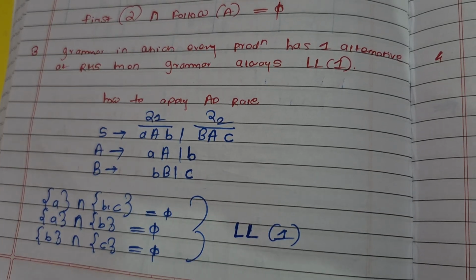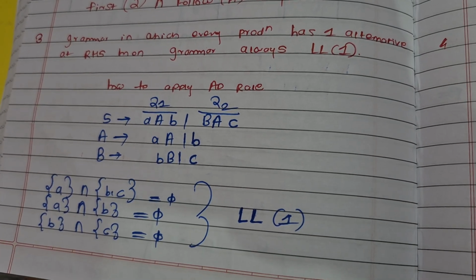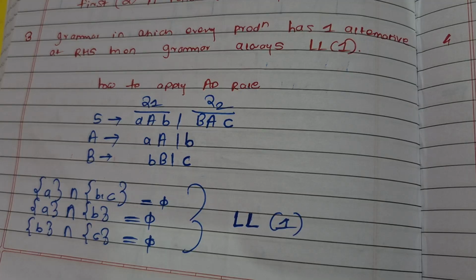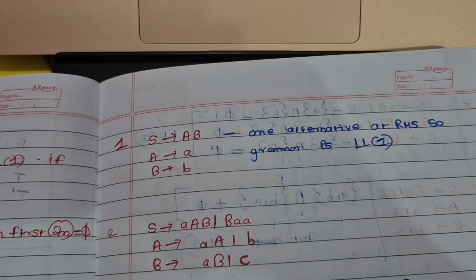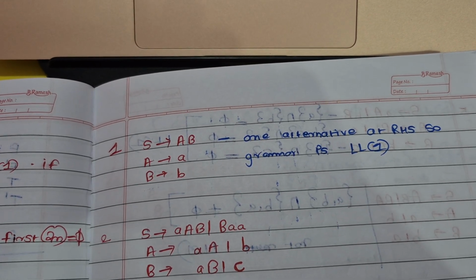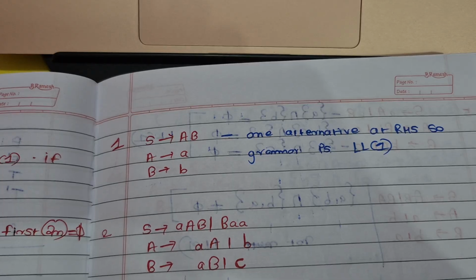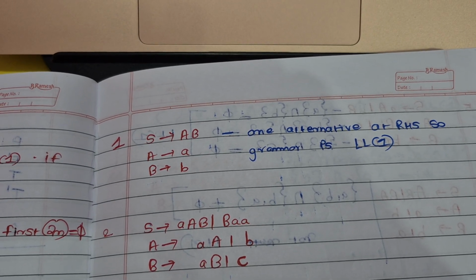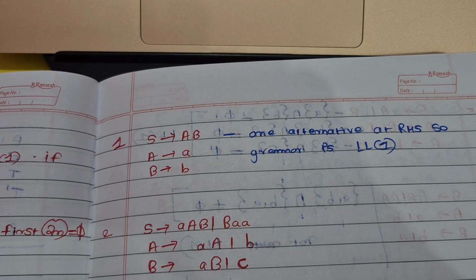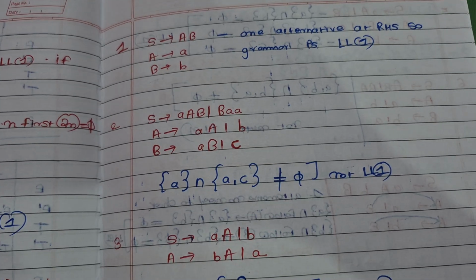Grammar in which every production has one alternative or RHS, then the grammar is always LL1. So you can see in the example S tends to AB, there is only one alternative, so the grammar is clearly LL1. On the third one you can see on the right side only one alternative is there, so it's LL1 grammar.